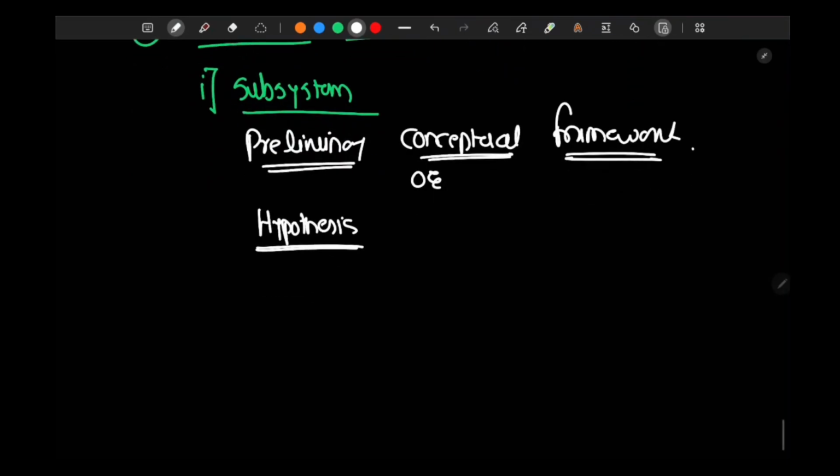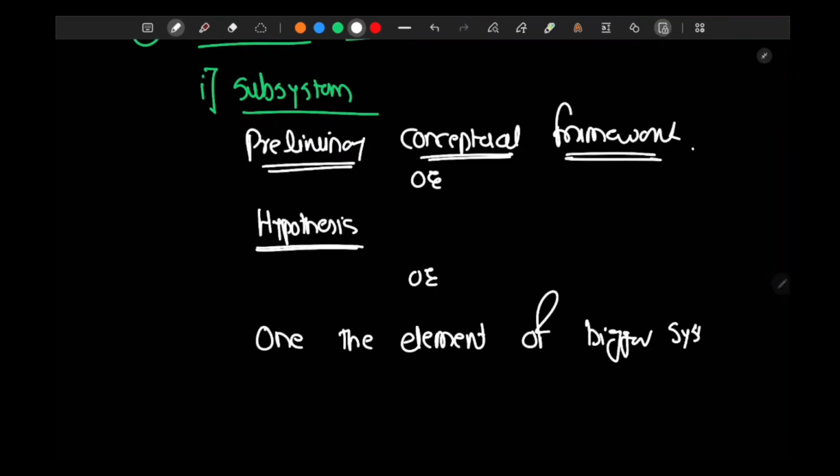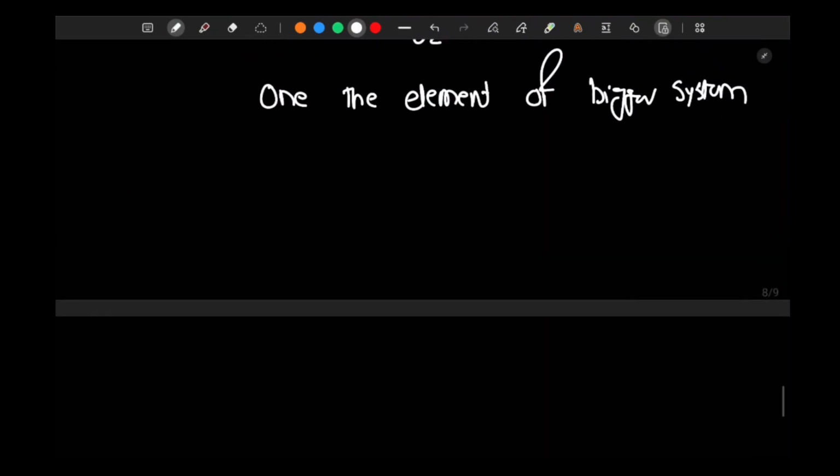Or I can say it is one of the elements of a bigger system. All these things are true. Preliminary conceptual framework, hypothesis, or one of the elements of a bigger system. All this is true. I will again go back to the AC example.